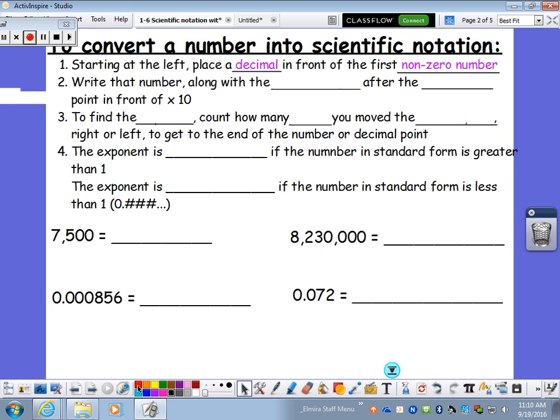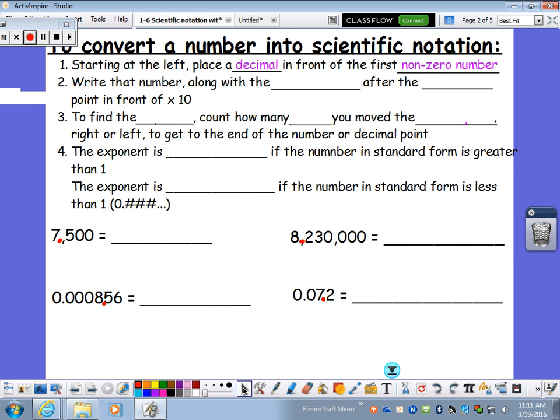So if I was doing each one of our examples at the bottom, just doing that step, I would put a decimal after the 7. I would put a decimal after the 8. Starting at the left, I would put a decimal after this 8. And starting at the left, I would put a decimal after this 7. Okay? So that's that part.